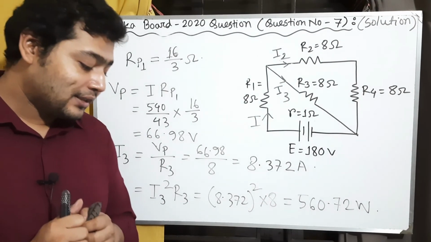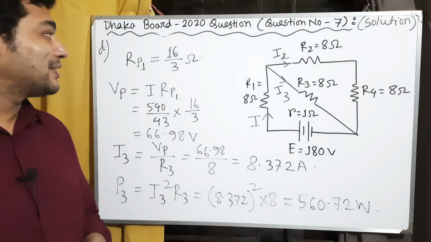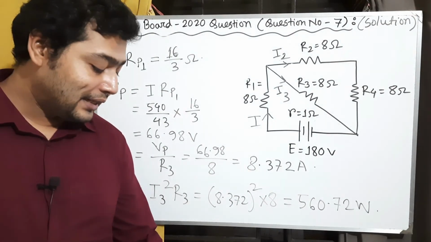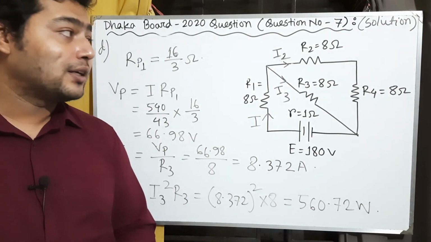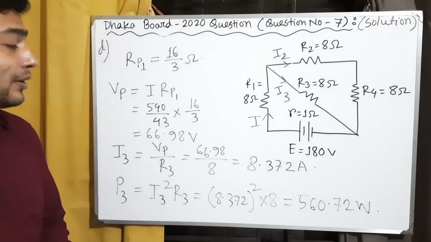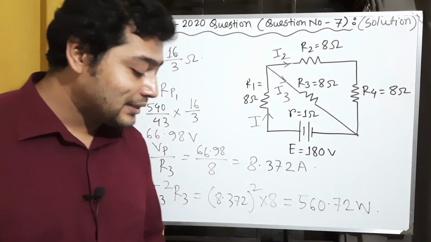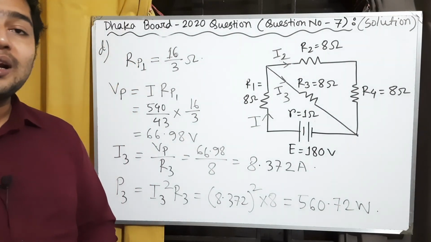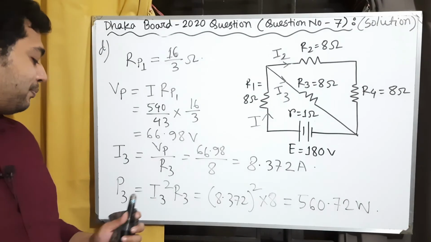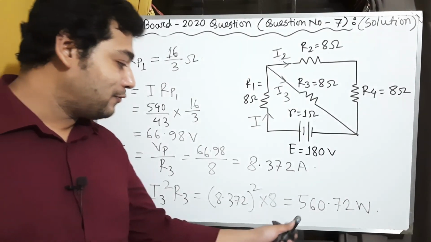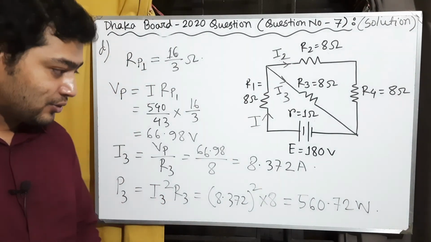According to our solution, the power of R1 is 1261.63 watt, the power of R2 is P2 equal to 140.18 watt, and the power P3 equal to 560.72 watt.